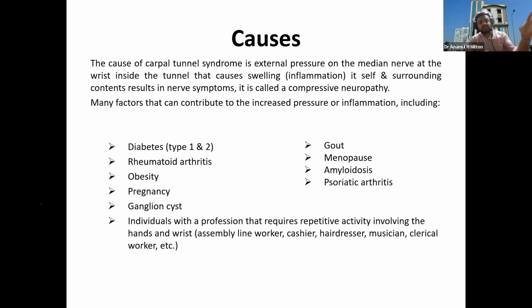If there is compression from the outside, we consider it a compressive neuropathy. But when the nerve itself swells and needs more space to travel through the tunnel, we consider that the problem.